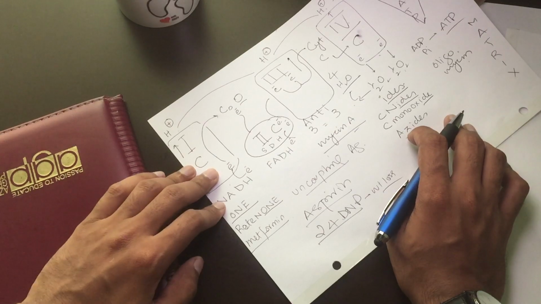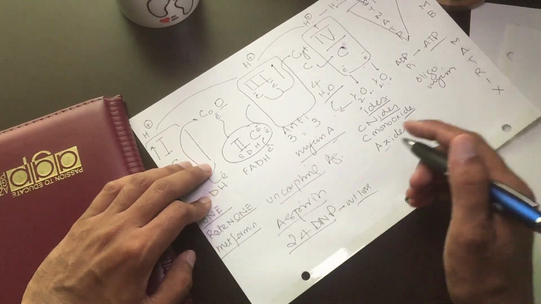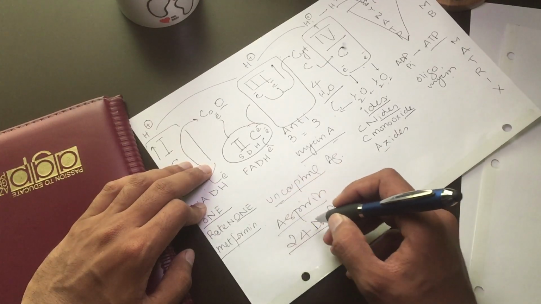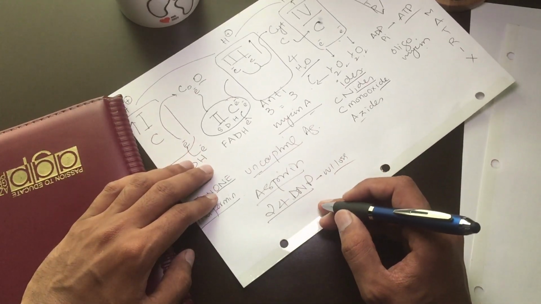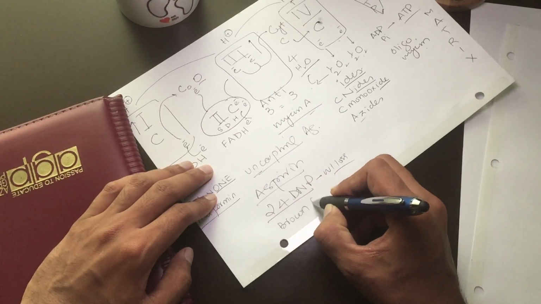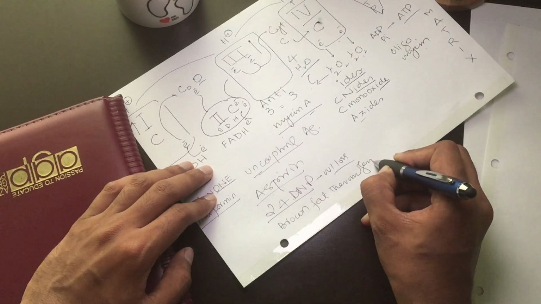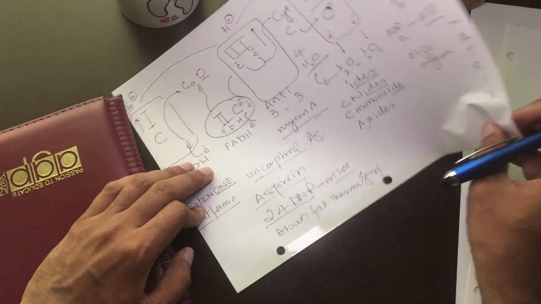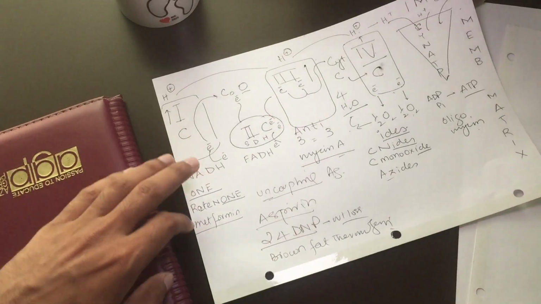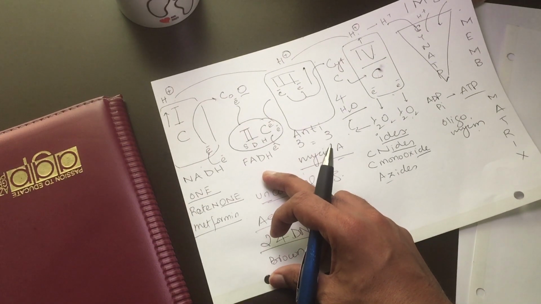These uncoupling agents act in the brown fat for thermogenesis. So this is all about the electron transport chain and how NADH and FADH give a number of ATPs.